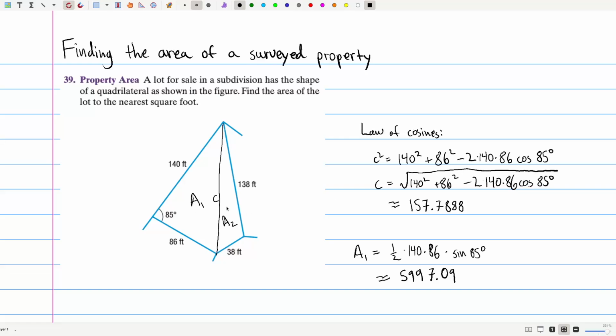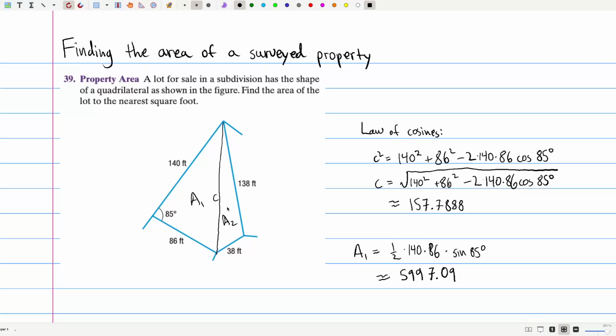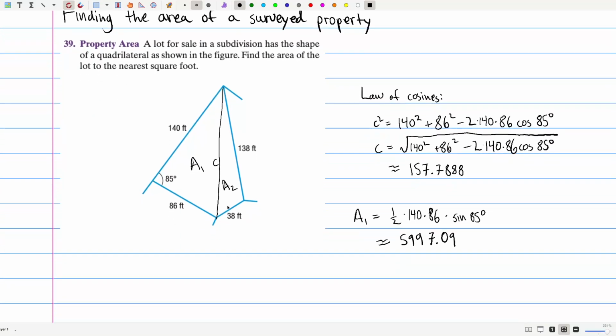We could use Heron's formula, but let's just use the law of cosines again to figure out this angle. Let's call this theta.